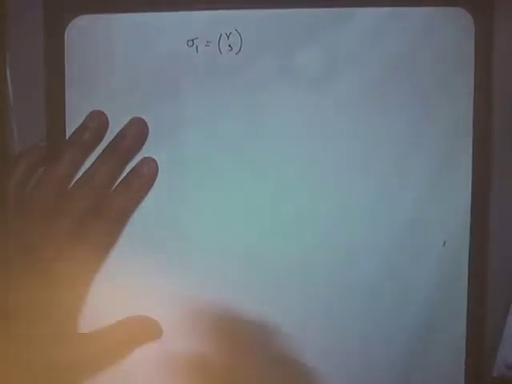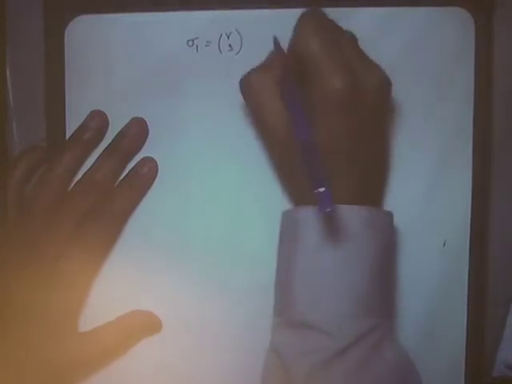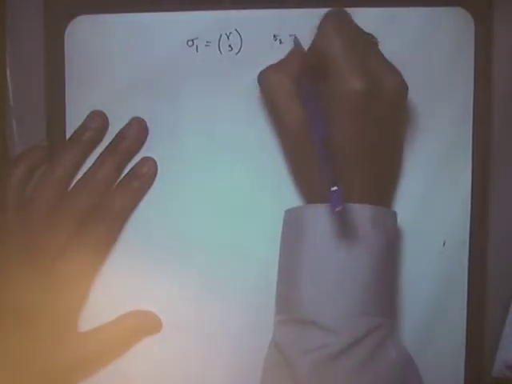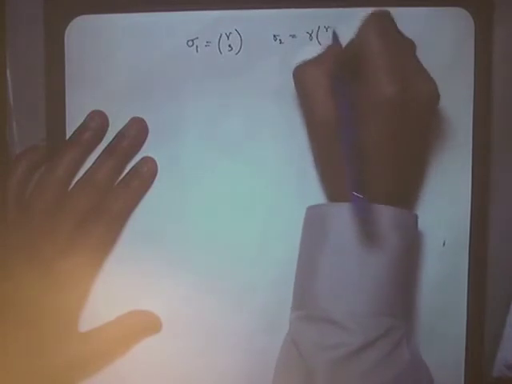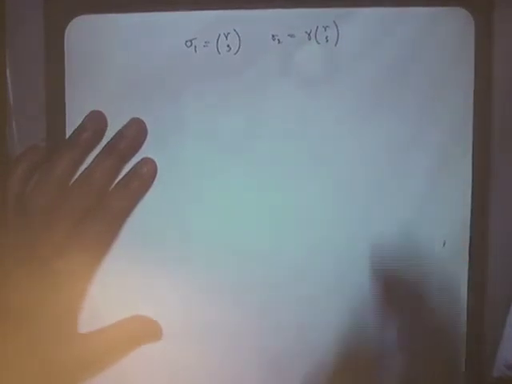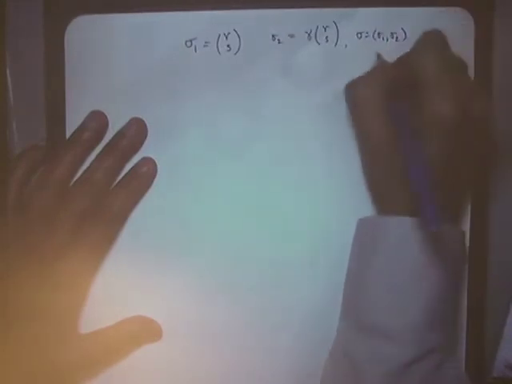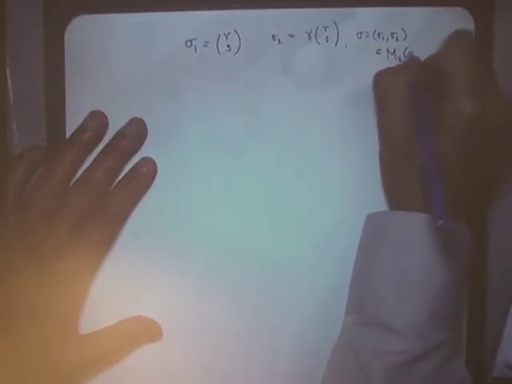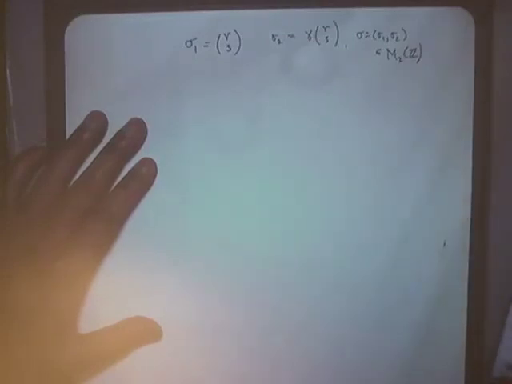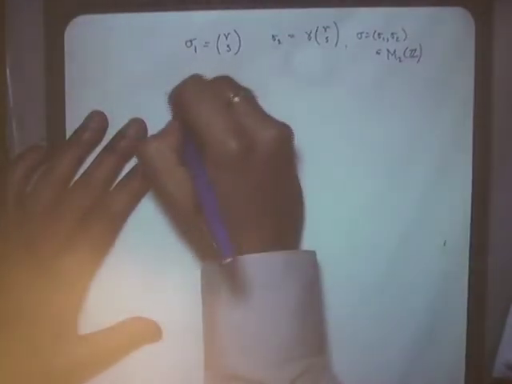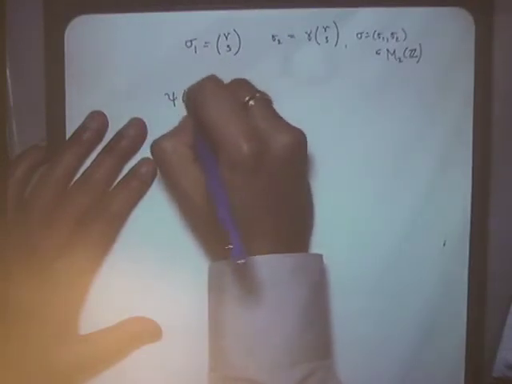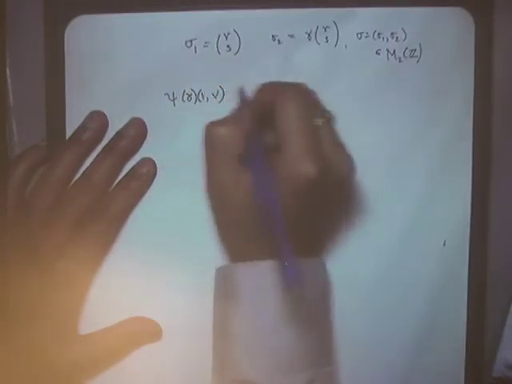So assume r, s are reduced. I'm going to let σ2 be γ times the column vector (r, s). And I'm going to let σ be the matrix whose columns are σ1 and σ2. So this is in M2(Z), so it might not have determinant 1 anymore. It's just some integer matrix.